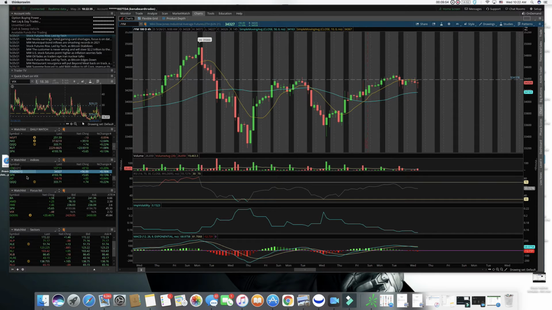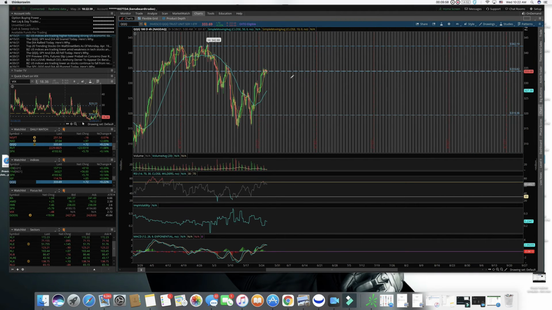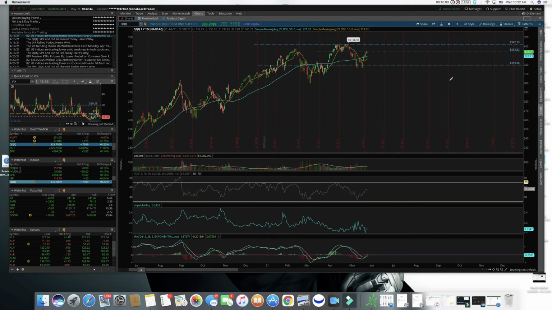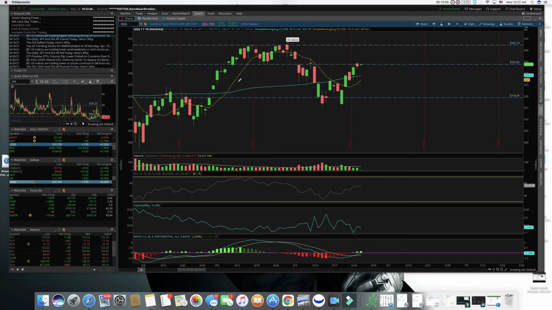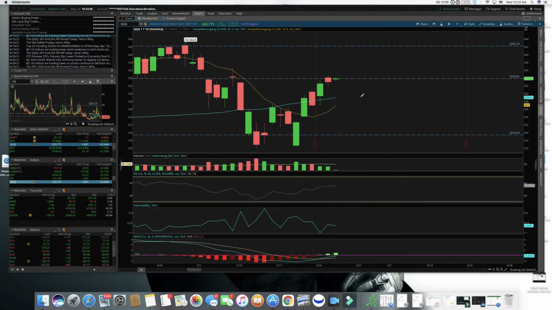Next one we got is the Qs here. So the Qs, you can see here it was a gap down. When it gapped down, we were seeing support, gap down, resistance, the breaking out, getting back above here for the NASDAQ. So NASDAQ slowly climbing higher and got some resistance up ahead.